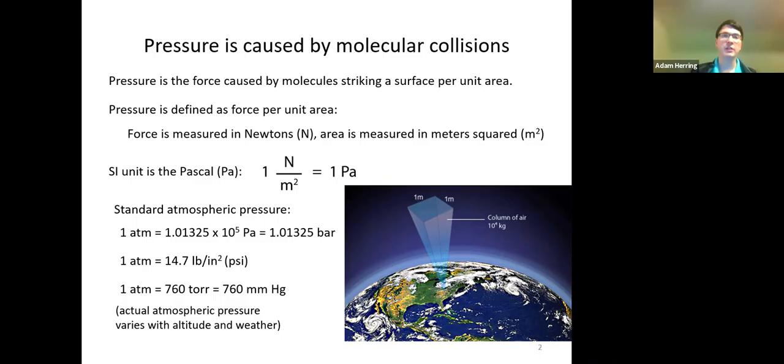If we've all of a sudden increased our altitude, then we've cut off the gas particles that are beneath us in terms of the pressure that they're exerting at that elevation. So if we go up halfway between the surface of the earth and the edge of the atmosphere, we would expect to have approximately 1/2 of an atmosphere.